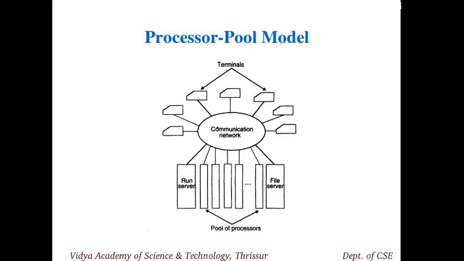According to the requirement, one server, two servers, or a number of servers will be allocated to the users. And if there is no requirement for a particular user, accordingly it will be adjusted. The number will be reduced. If there is no computing power needed at a particular point, the computers will be allocated to some other users.